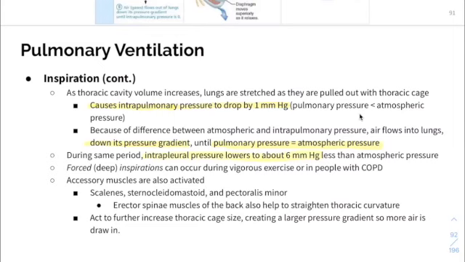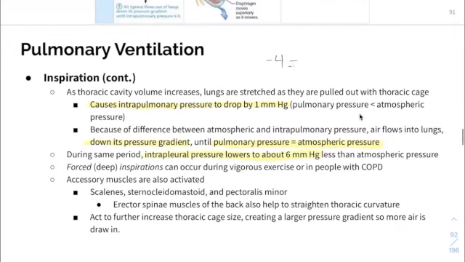It's going to drop by even more, because normally at rest it was at -4, 4 millimeters of mercury less than within the lungs. So when we inhale, it lowers even further, down to about 6 millimeters of mercury less than what was in the lungs, or less than atmospheric pressure.